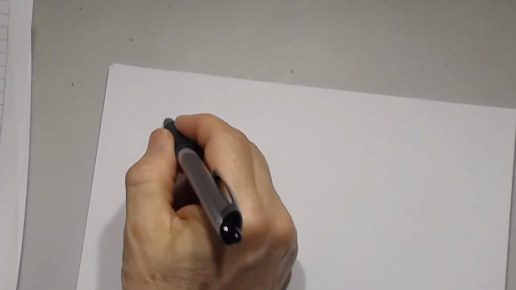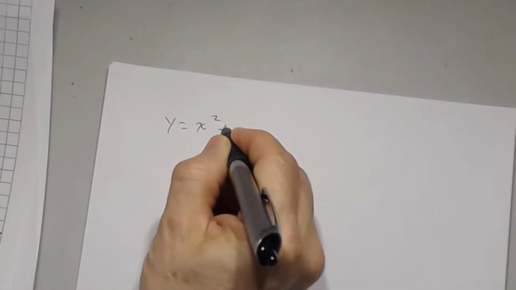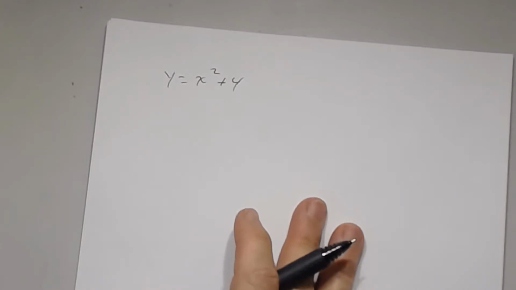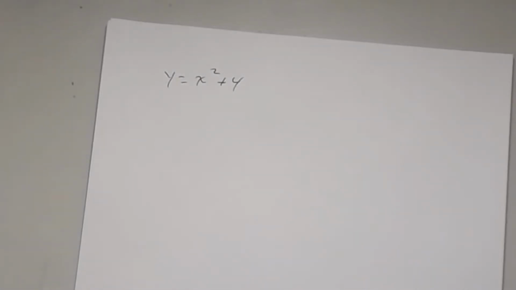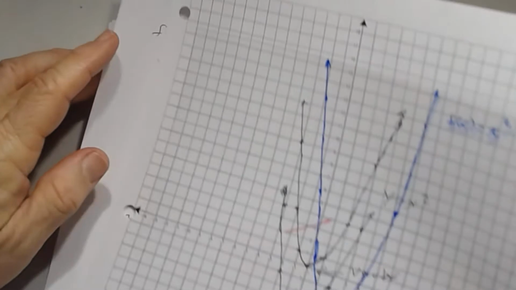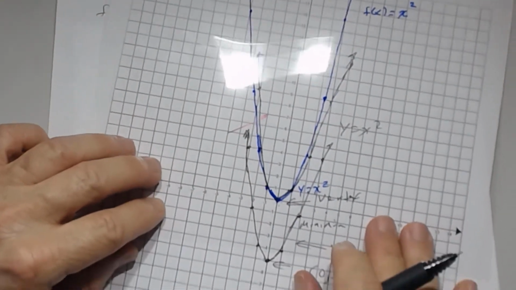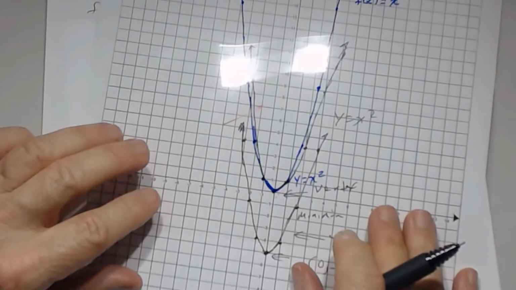Suppose I had y equals x squared plus 4. Y equals x squared plus 4. All right, now, let's go back to x squared minus 5 for a moment. What was the parent function? Y equals x squared.